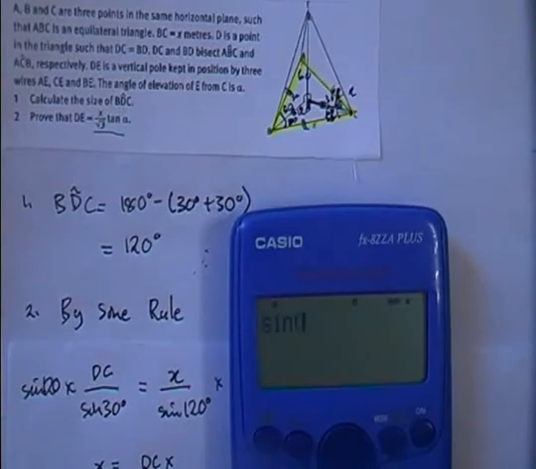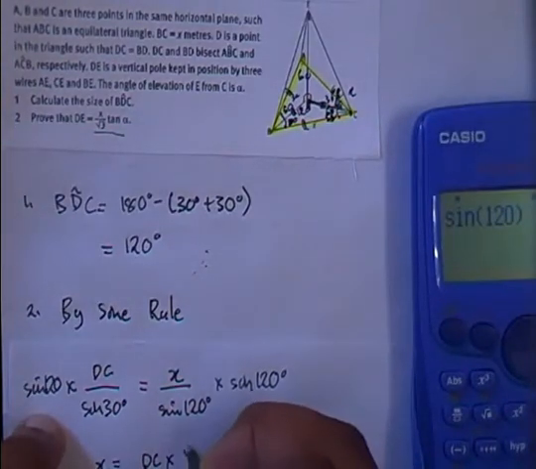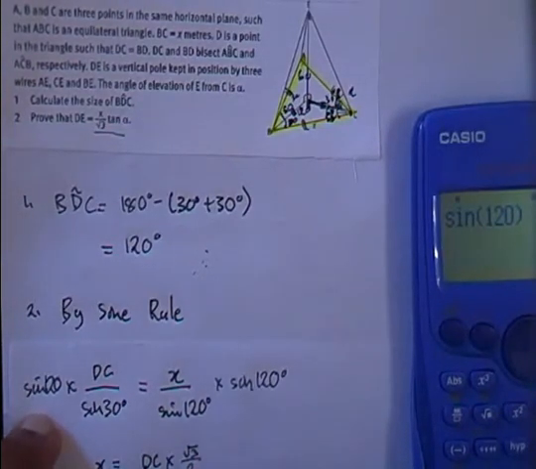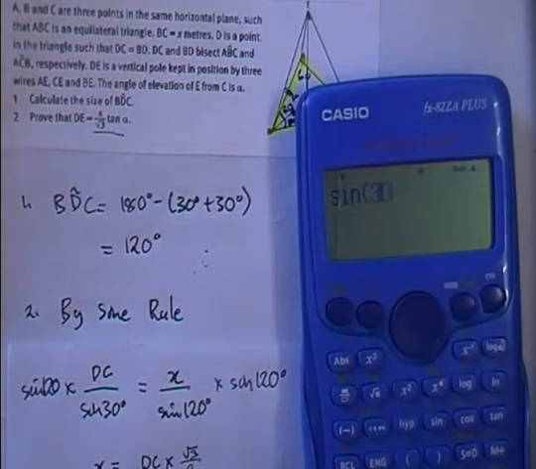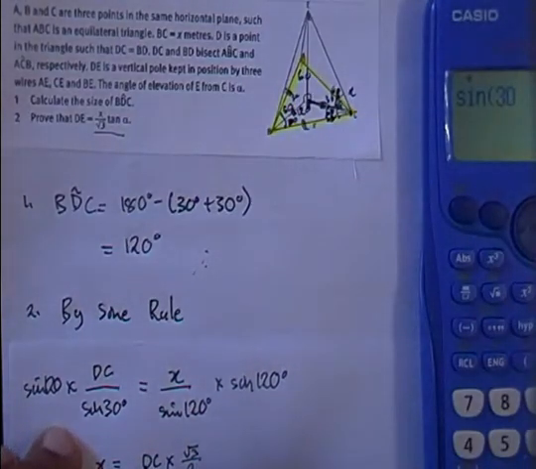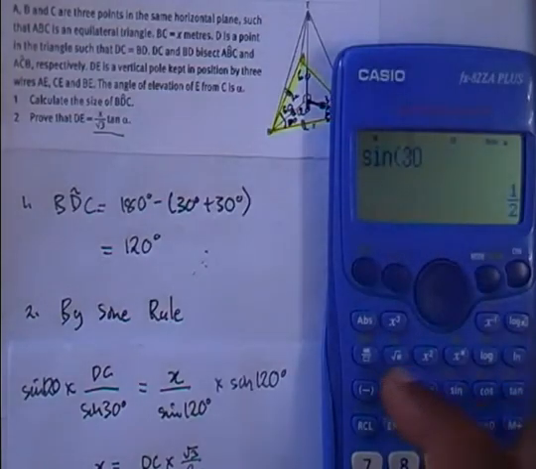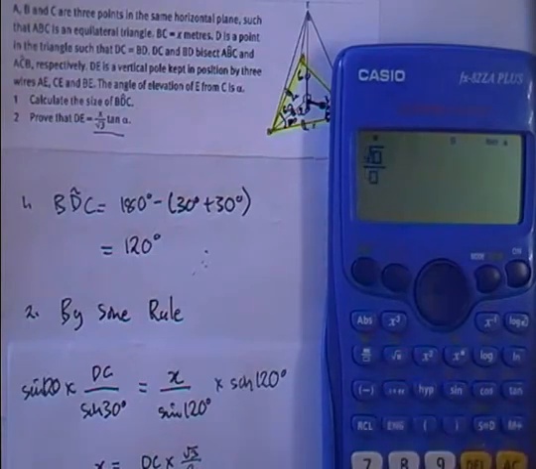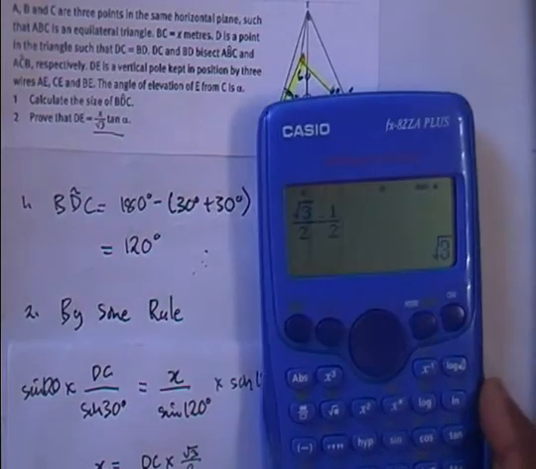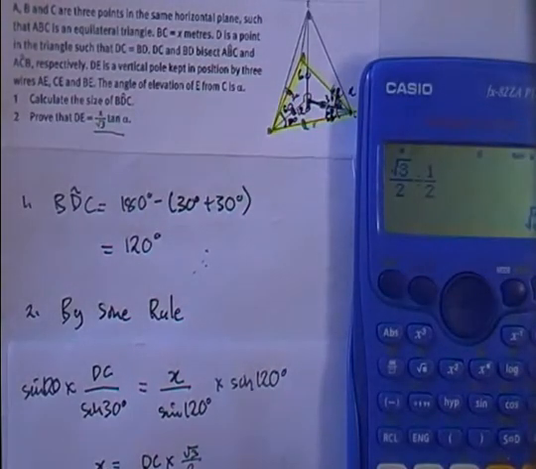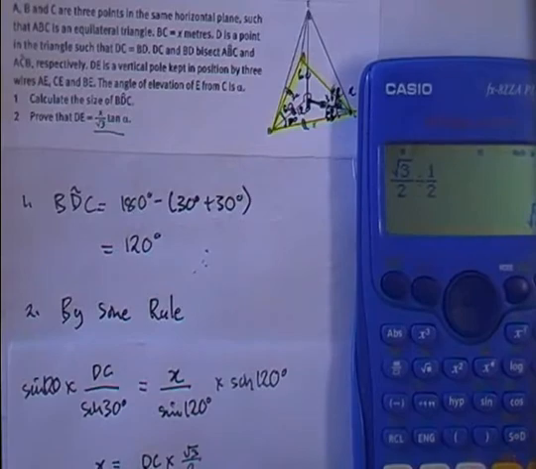Sine 120 is square root 3 over 2, so times square root 3 over 2. Sine 30, we kind of know that, that's a half. So that means X is equal to square root 3 over 2 divided by a half. Let's just quickly see what that is going to give us. Square root 3 over 2 divided by a half is square root 3. So this just becomes square root 3 times DC.